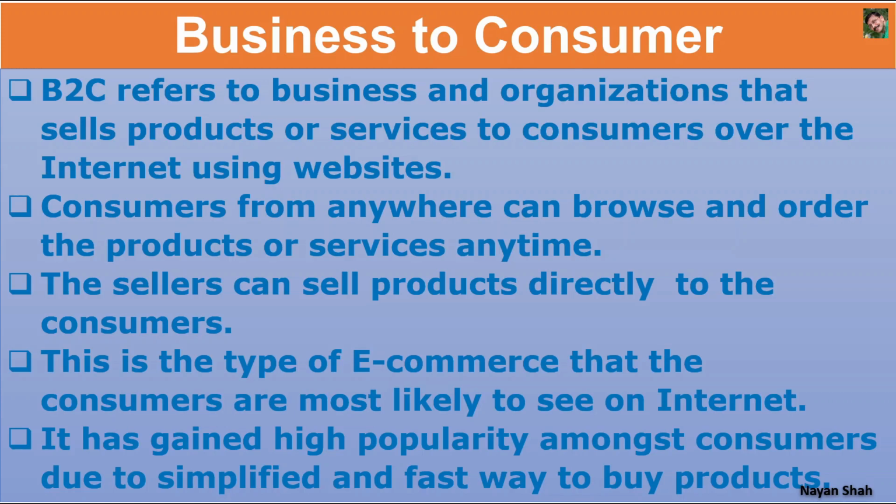We see most of the websites like this, selling some product and we are the customers purchasing those products. B2C websites have gained high popularity amongst customers due to the simplified and fast way to buy products. You know that every now and then you see some changes or improvements in all these websites. Flipkart, Amazon, all these websites are making it more and more easy to use, a user-friendly website.